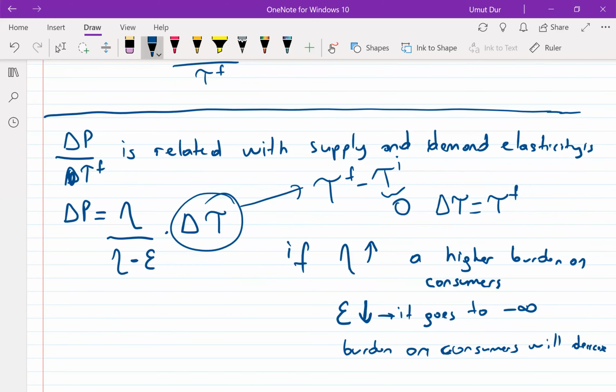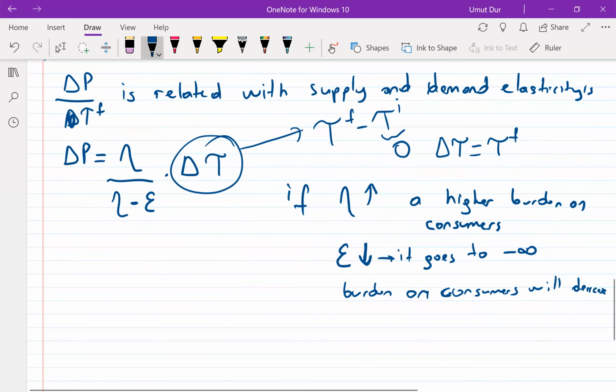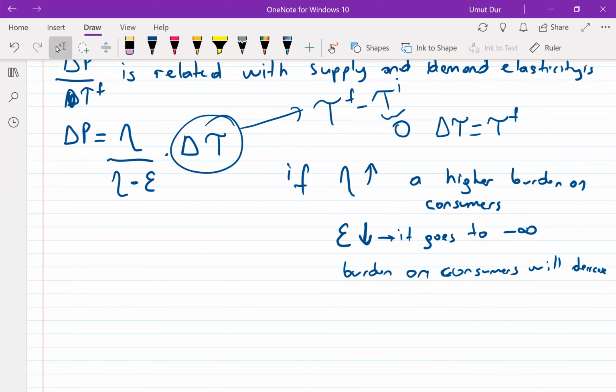We will see it in a second, and we will go over this one more time. So let's derive this equation.